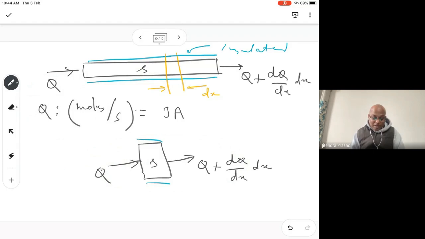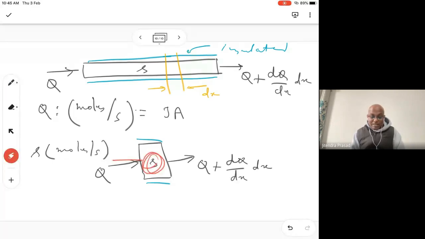There could be a source of ions, for example, right? So in that case, the units of S will be moles per second. So that much of ions being generated per unit second. Right?